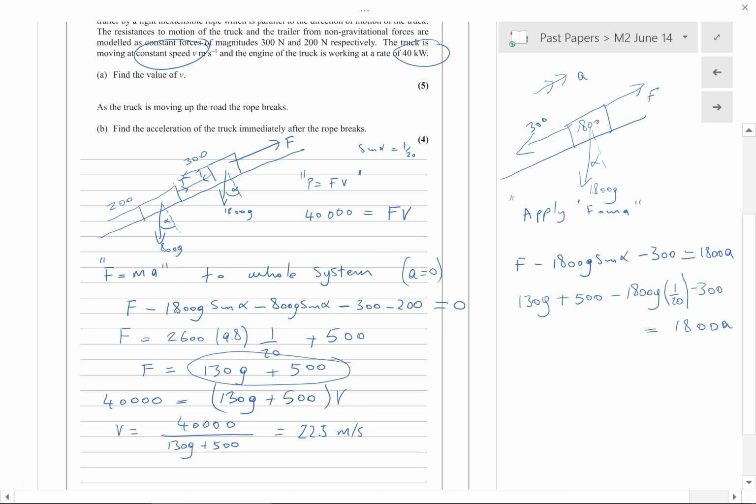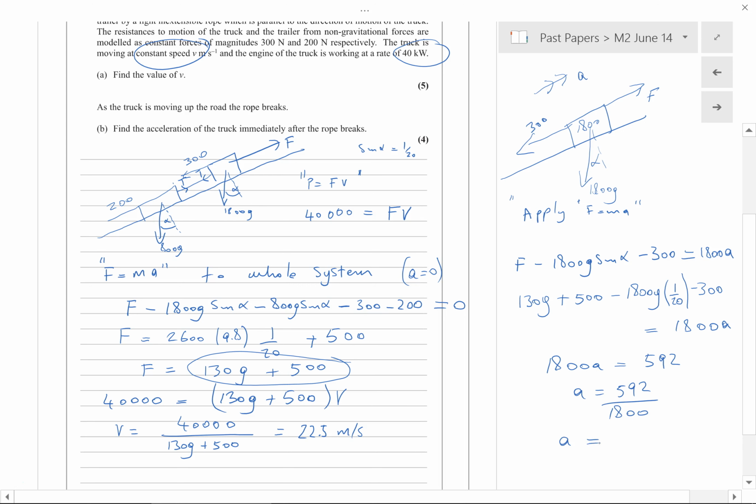All this lot works out to be 592. So 1800a equals 592, so a is 592 over 1800.